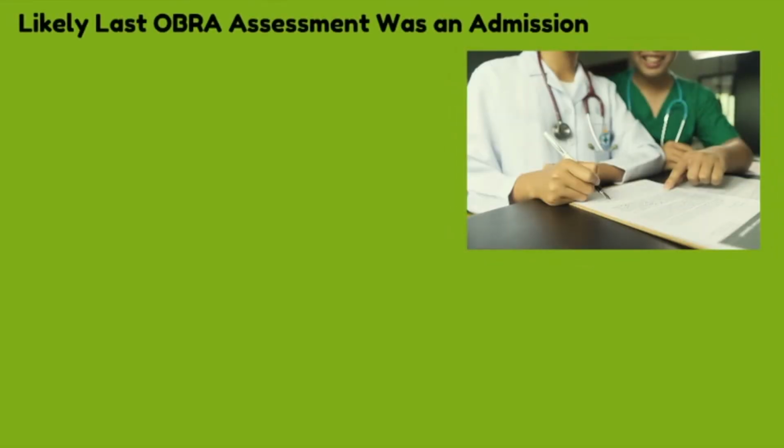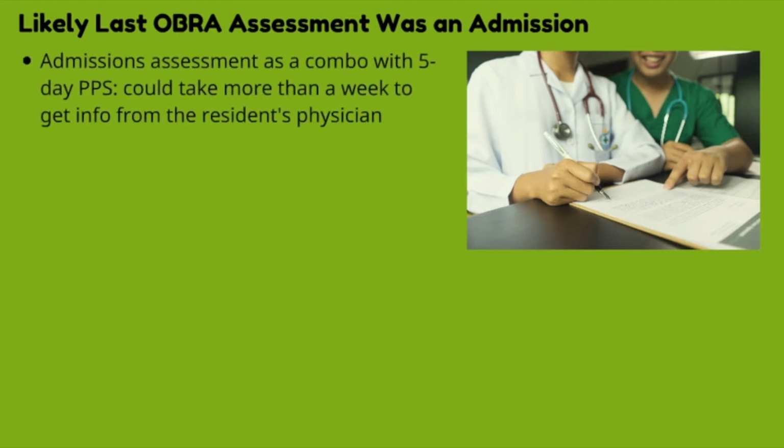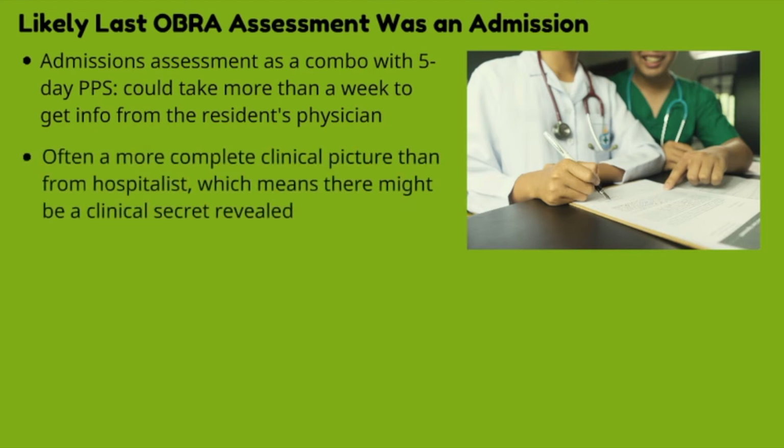It is more likely that the last OBRA assessment was an admission. That is because these sorts of clinical secrets may hide for a while, but not very long. If you typically do your admissions assessment as a combo with the 5-day PPS, it may take more than a week for your resident information to come from the primary physician.